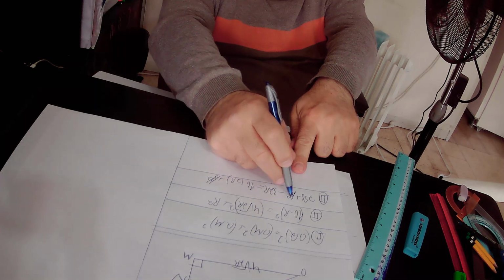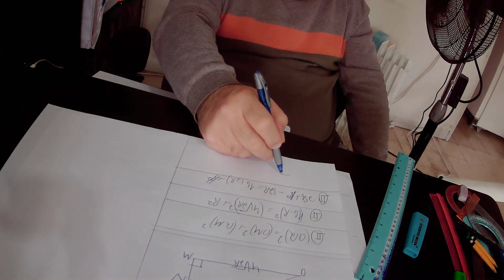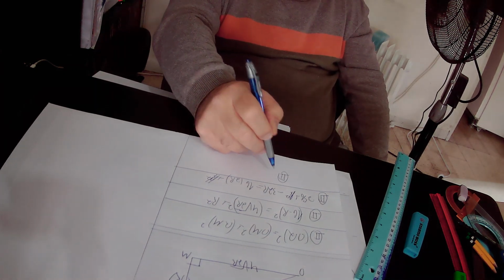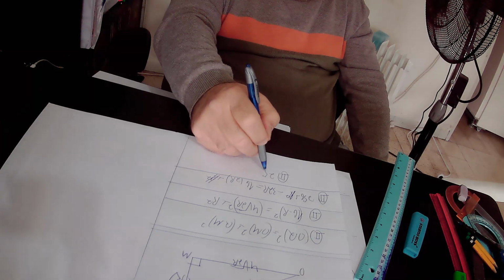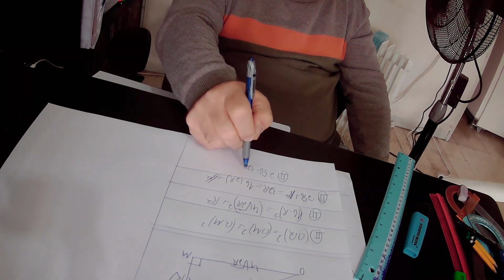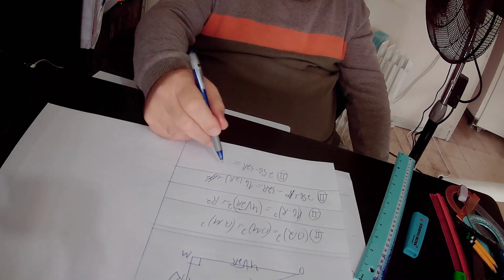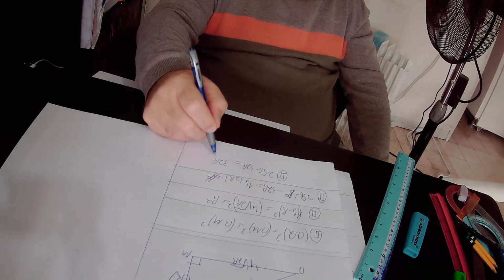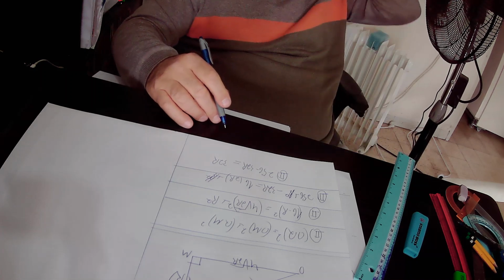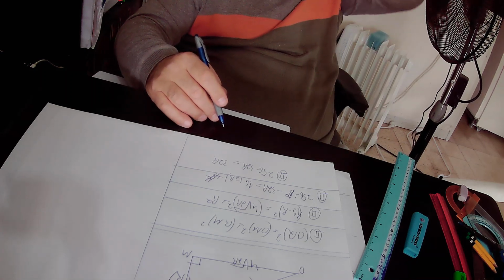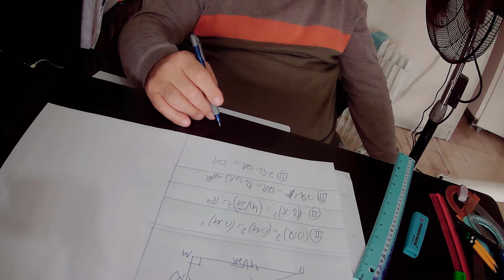After r square gets cancelled, on this side of equation 2 we are left with 256 minus 32r, which is equal to 16 times 2r, that is 32r. So according to equation 2, 256 minus 32r equals 32r.